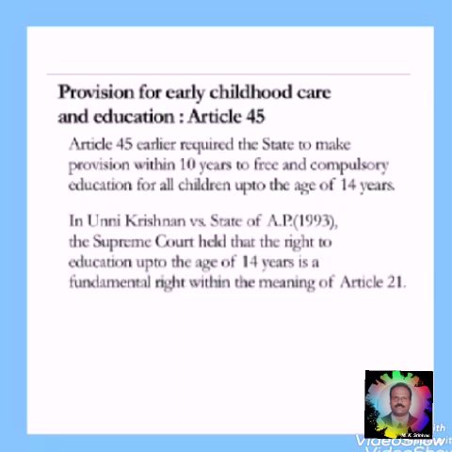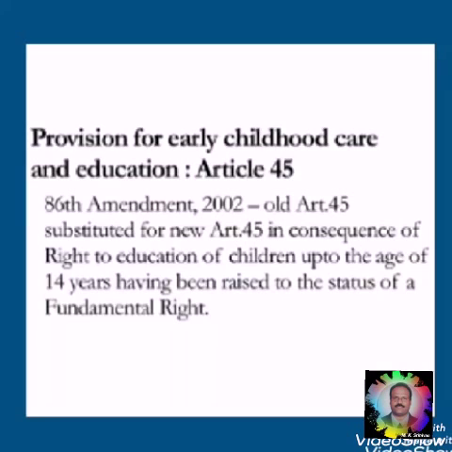Now, provision for early childhood care and education, Article 45. Article 45 earlier required the state to make provision within 10 years for free and compulsory education for all children up to the age of 14 years. In Unni Krishnan vs. State of AP, the Supreme Court held that the right to education is a fundamental right.